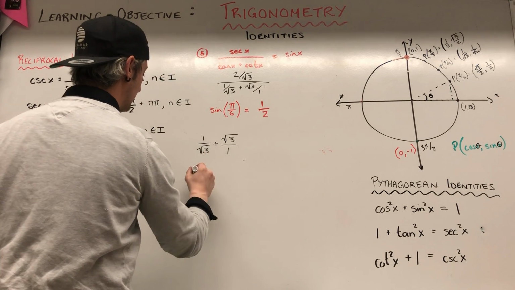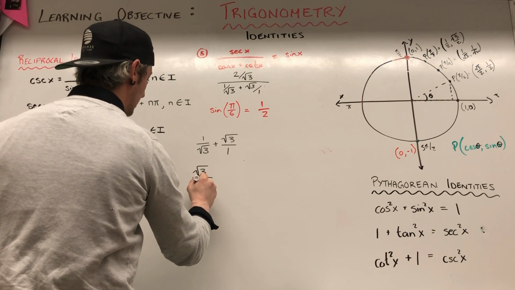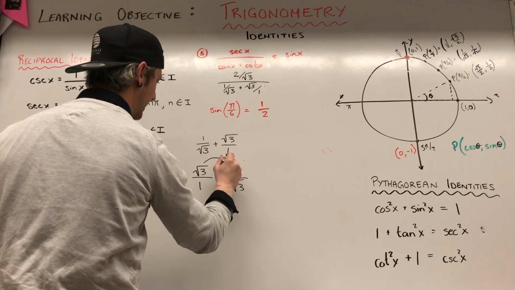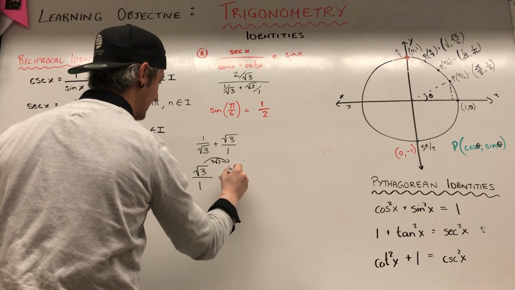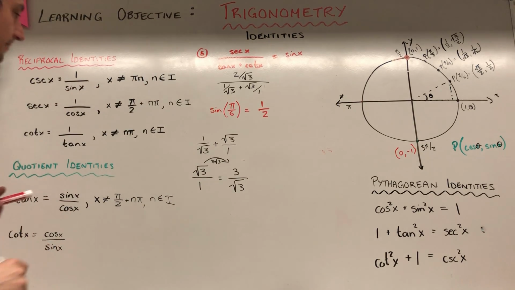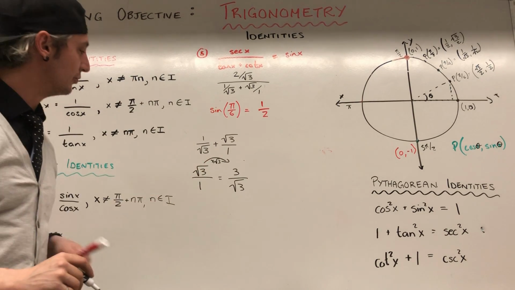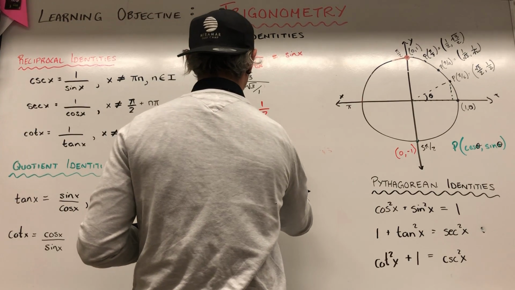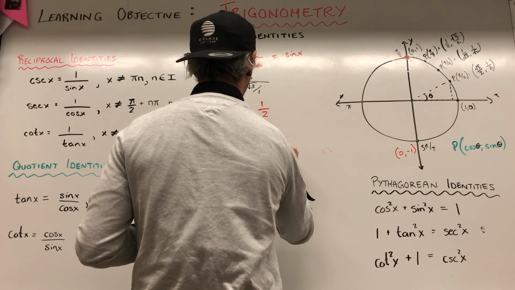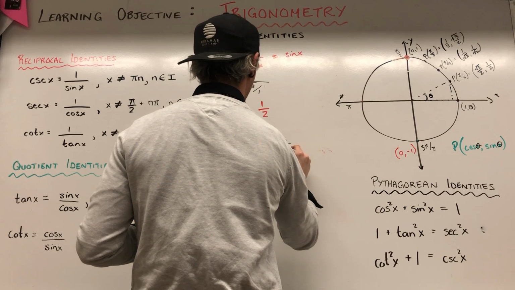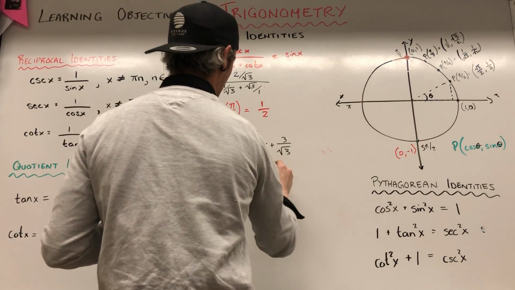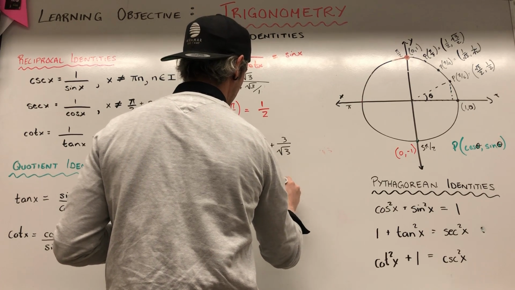So what is root 3 over 1 as an equivalent fraction out of root 3? Well, I have to multiply both sides by root 3. So that's the same as 3 over root 3, because root 3 times root 3 is root 9. There. So now this is equal to 1 over root 3 plus 3 over root 3, which is 4 over root 3.